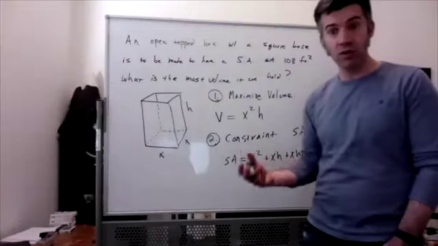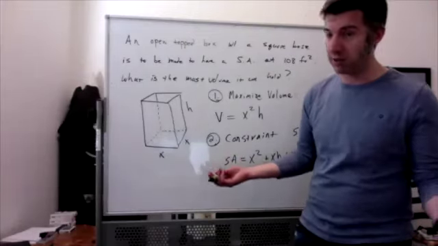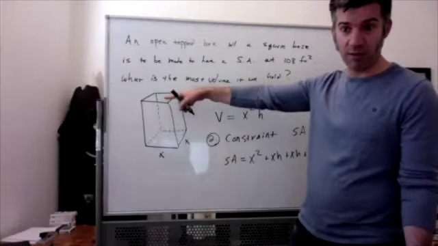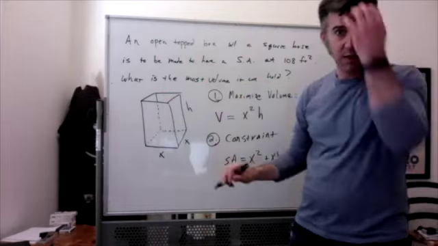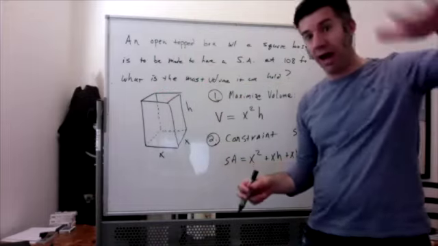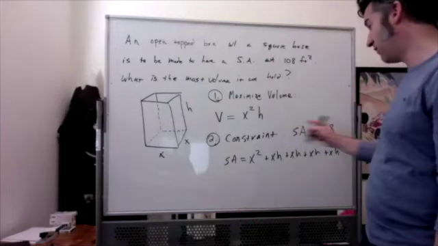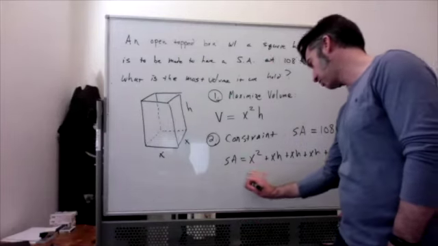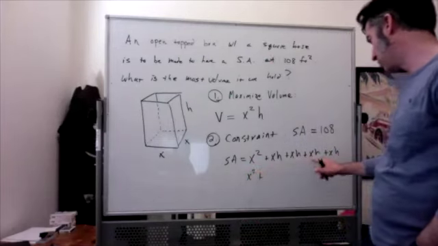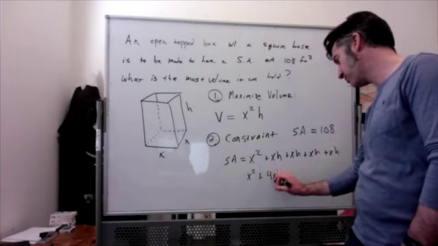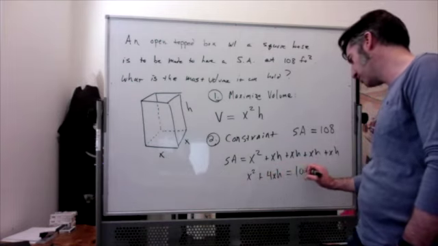And if it was a closed top box, or just a box, we would have another x squared for the top, but we don't because it's an open top box. So if someone says you have an open top, you don't have the top. We should definitely simplify this. We have x squared plus 1, 2, 3, 4 xh equal to 108.